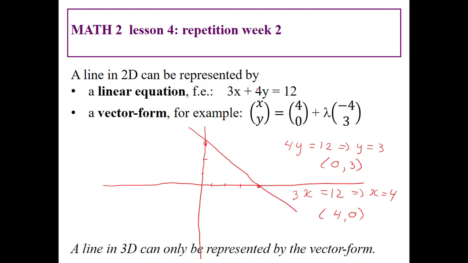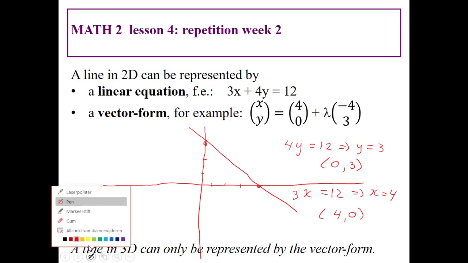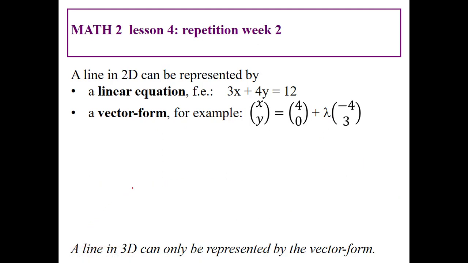Okay, so with the help of a linear equation, we just find two simple points and then draw a line straight through these points. We can do the same thing, try to find a line with the help of a vector form.